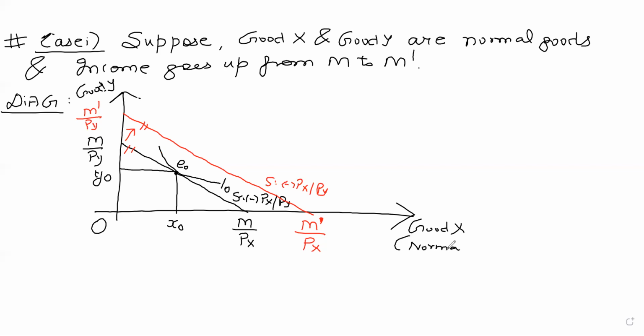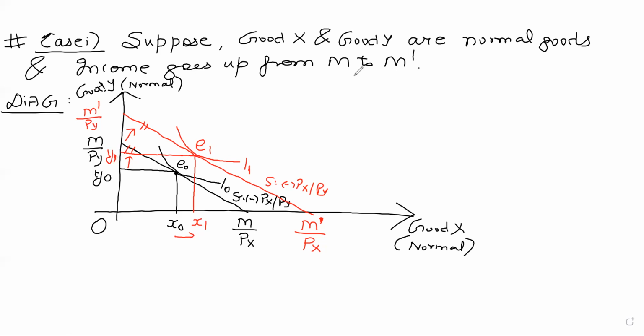And by definition of normal goods, when your income goes up, you increase your consumption of good X also, you increase your consumption of good Y also. That means your next equilibrium will be at point E1 on the indifference curve I1. Clearly, consumption of good X has gone up and consumption of good Y has gone up, from X0 to X1 and Y0 to Y1 respectively.